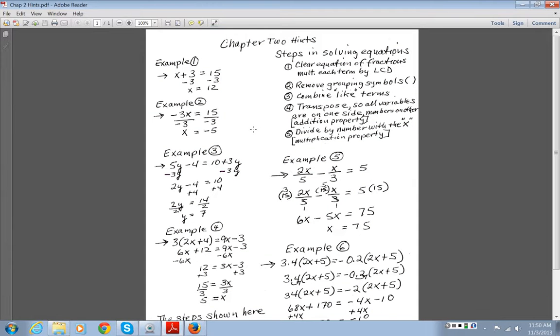Now, an interesting thing to note, that as we do these steps, I'm sort of keeping the equal signs underneath each other and doing something sequential, so eventually I end up with a solution. In the case of example 1, x equals 12. Example 2, x equals -5.